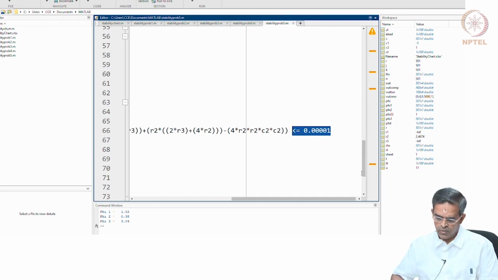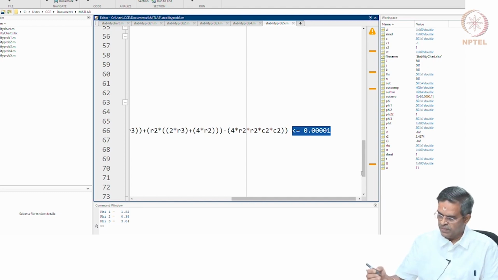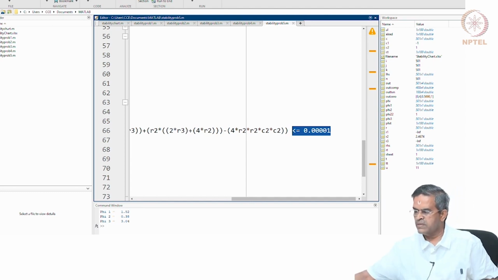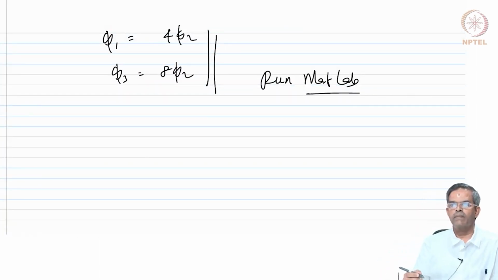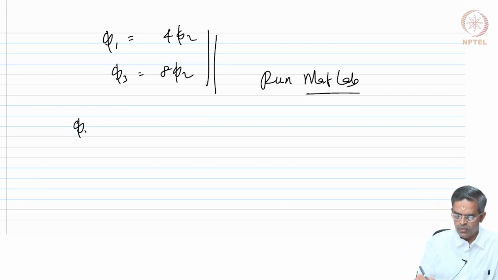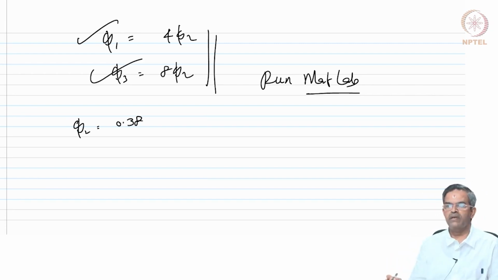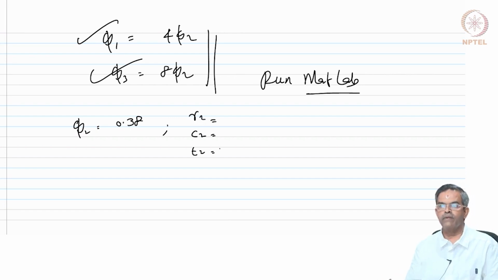So let us say phi 2 is 0.38 and phi 1 and phi 3 can be obtained. I will minimize this. I can now say phi 2 is 0.38. I can find phi 1 and phi 3, does not matter. So for this I get R2, C2 and T2. Okay.